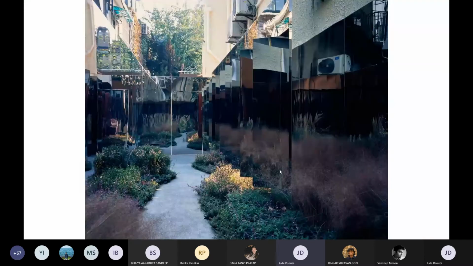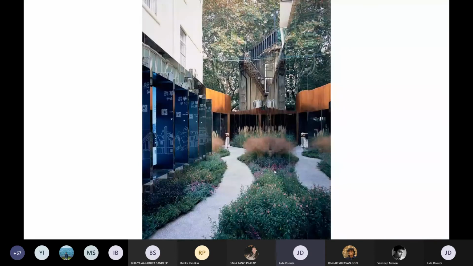So this is it. That's the project. This is just use of mirror, use of planting, use of a path which wiggles its way through.